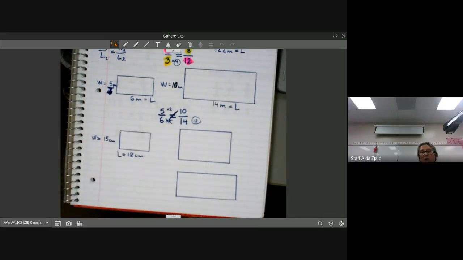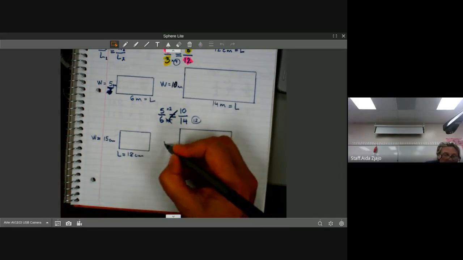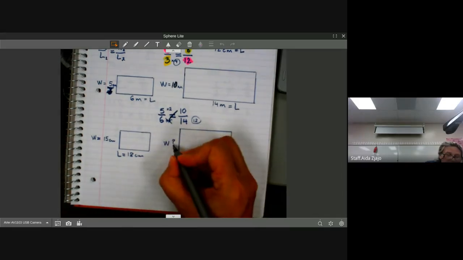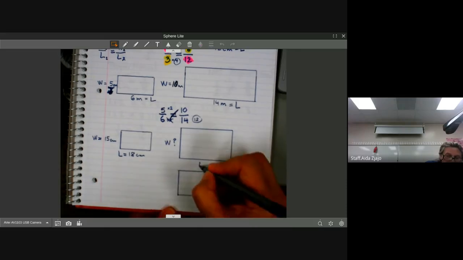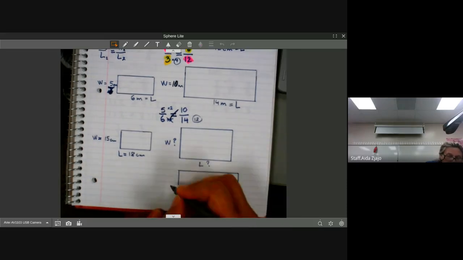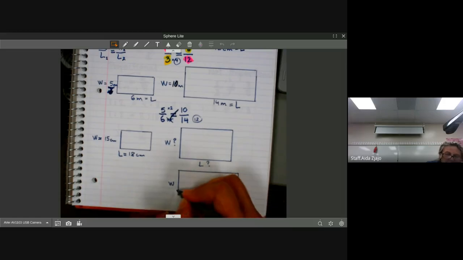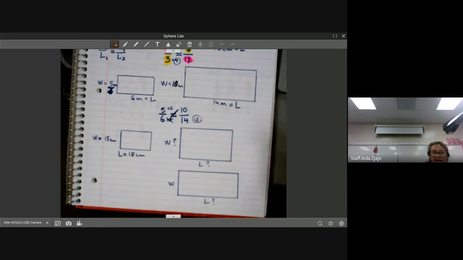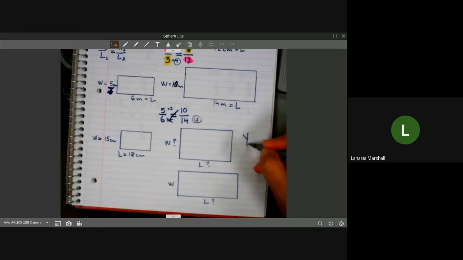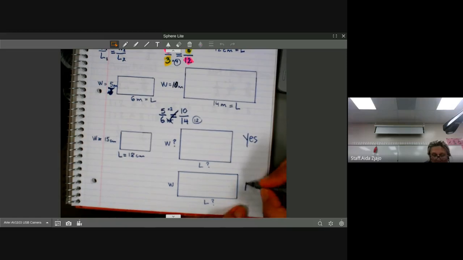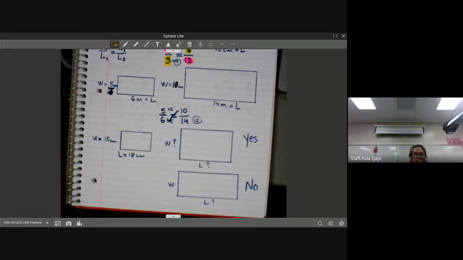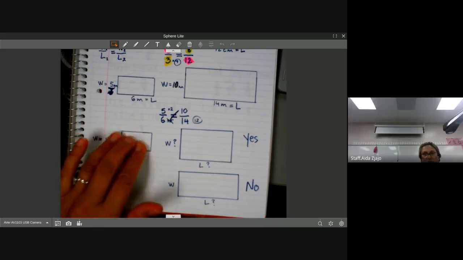I would like you to find the width and the length, and also another width and length. I want one that is similar and one that is not similar. So can you give me some values so you can create from this?